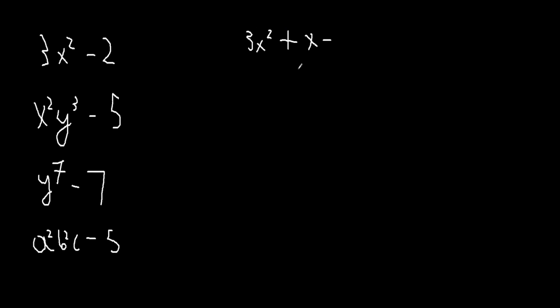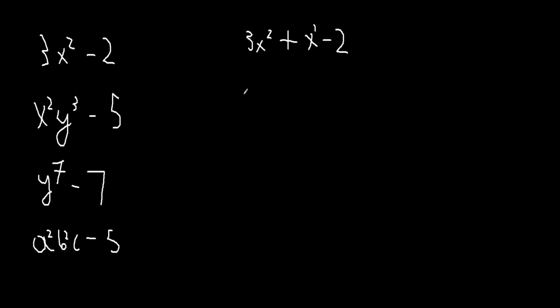And to find the degree, we have to look at the degree of each term and find the term with the highest degree. So our first term has a degree of 2, and our second term has a degree of 1. So that means we have our highest degree here, which is 2. So that's the degree of our polynomial.